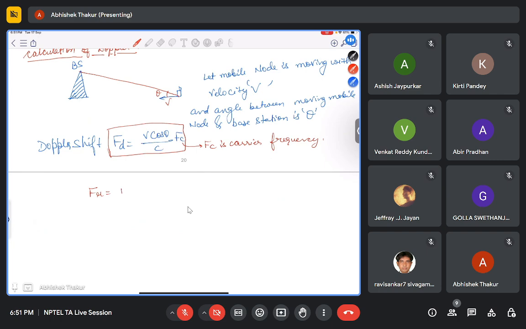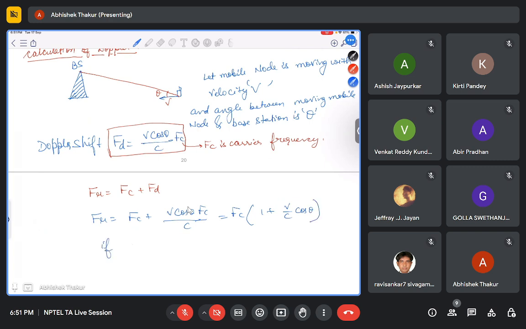So the received frequency is carrier frequency plus the Doppler frequency. So we can write the formula Fc plus V cos theta Fc by C. You can take Fc common also, 1 plus V by C cos theta.